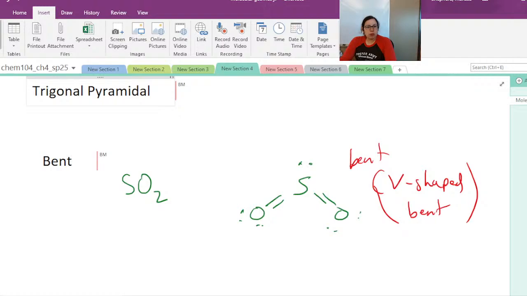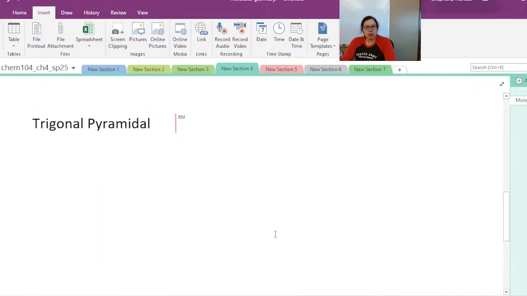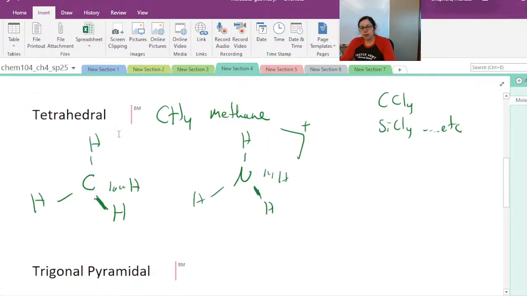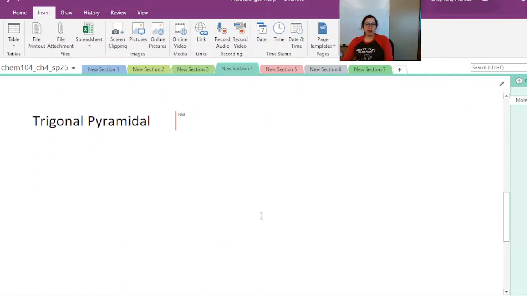And then trigonal pyramidal, again, you want to understand that it's essentially a variation of tetrahedral, and we just replace one of these substituents now with a lone pair. And so do you remember what the classic example for trigonal pyramidal is? Nitrogen trichloride? Yeah, so nitrogen trichloride is a good one, or ammonia.